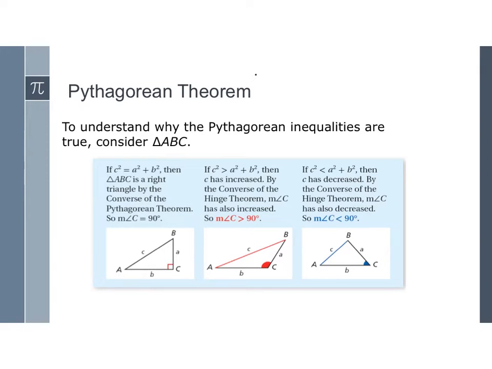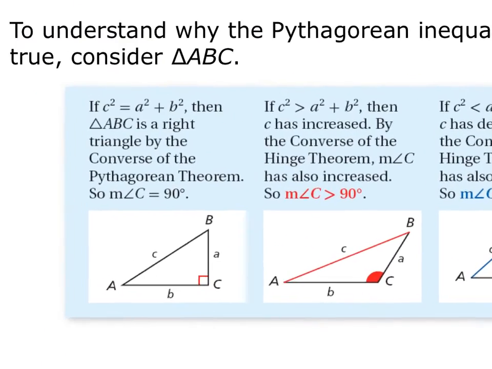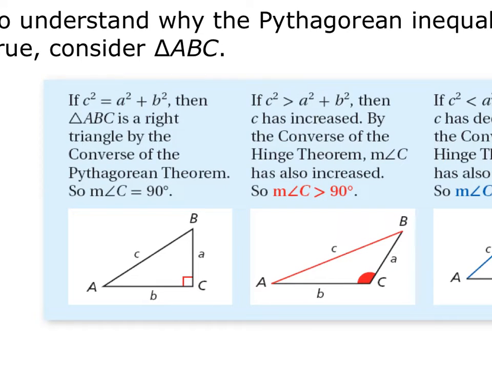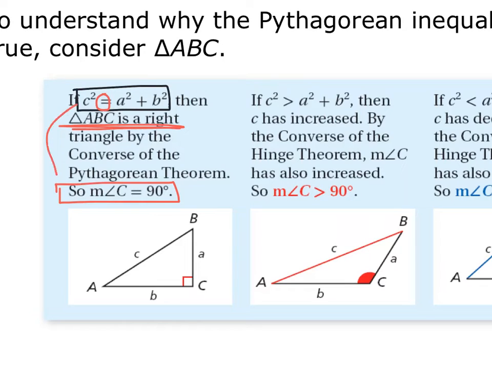The Pythagorean theorem itself, c squared equals a squared plus b squared, is used strictly for a right triangle, because it tells me that measure C is 90 degrees.